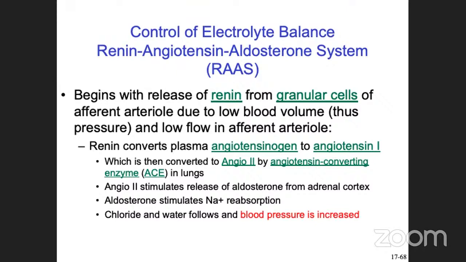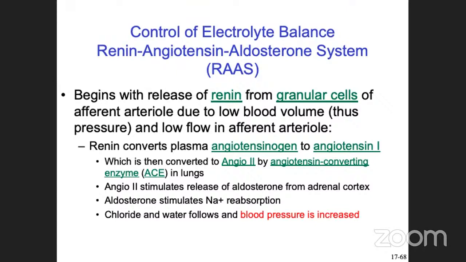The renin being produced by the kidney, which is granular cells, and this renin is being used to convert angiotensinogen inside the liver, all right, into angiotensin 1. Okay, this is the step. So now you have angiotensin 1.